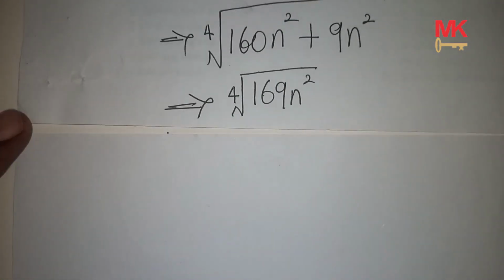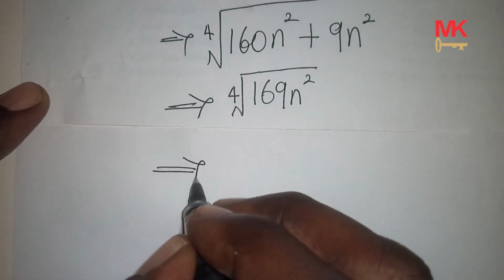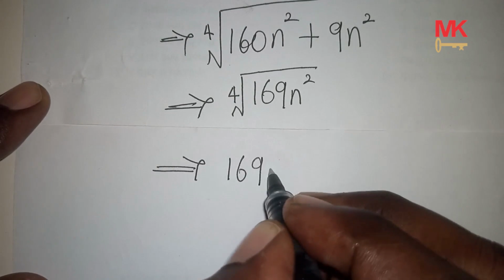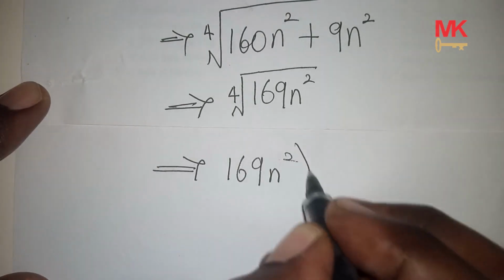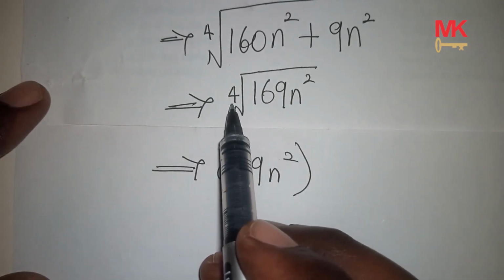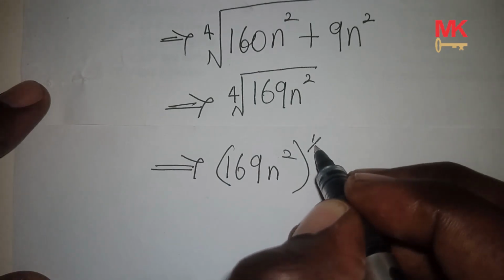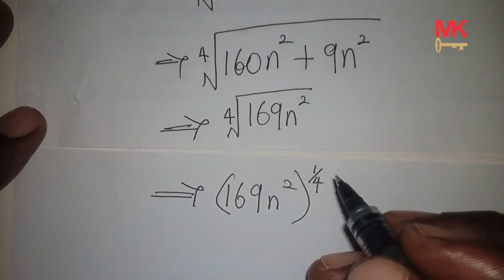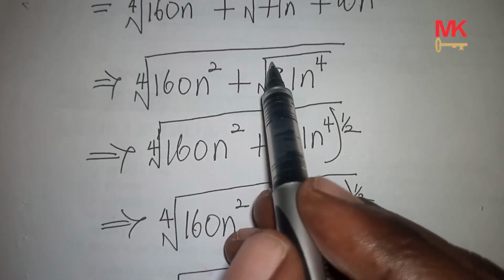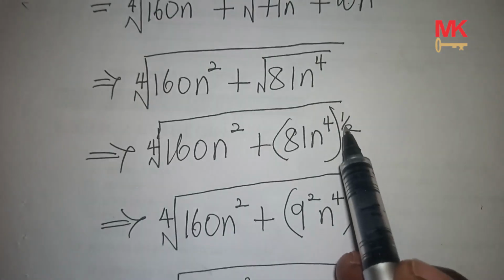So from here, this implies 169n squared. Now, in this case, because we are dealing with fourth root, this becomes 1 over 4. Just like this case here, where we have this square root, there's a 2 here, square root, so that we have 1 over 2.